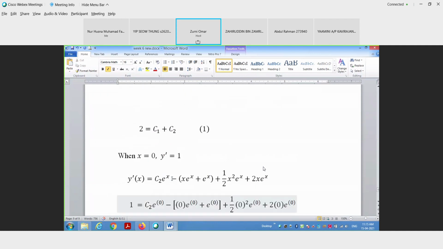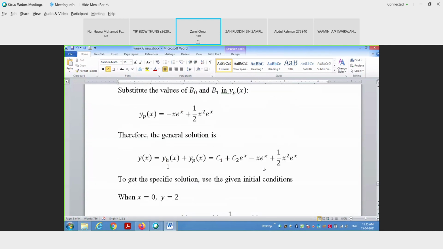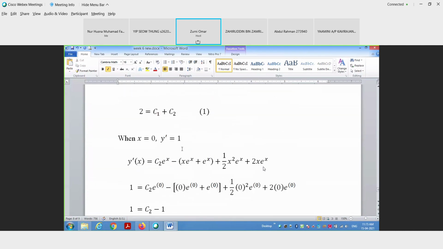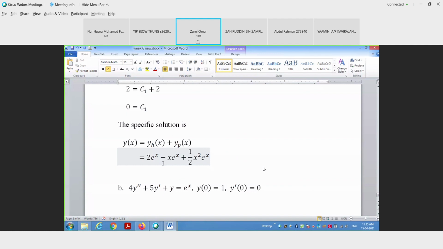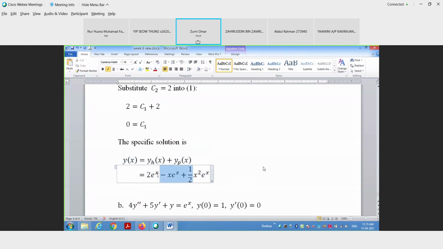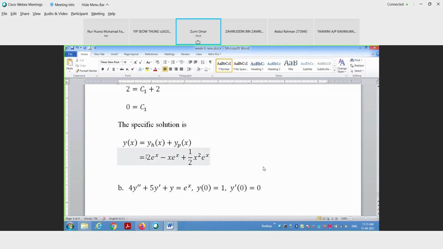You have obtained yp before, and that is your specific solution. So y equals 2e^x, which you got from yh, minus x e^x plus 1/2 x squared times e^x, which you got from yp.